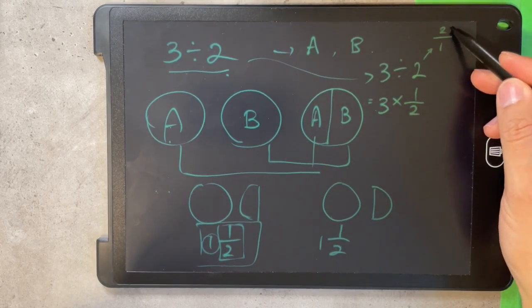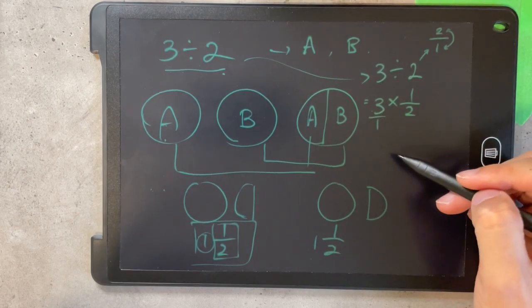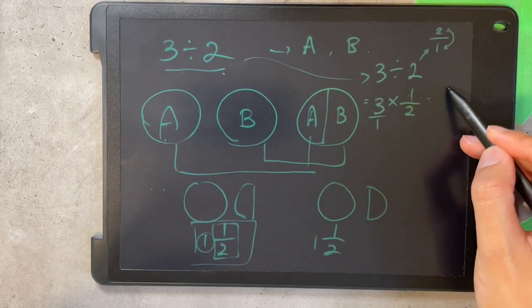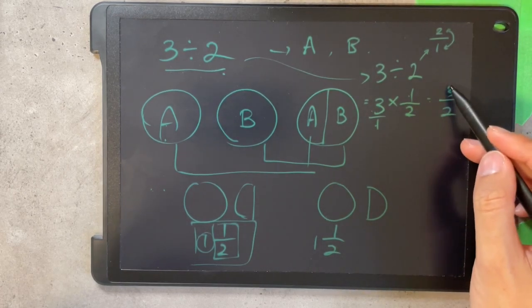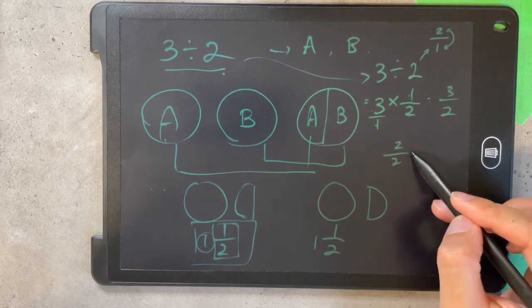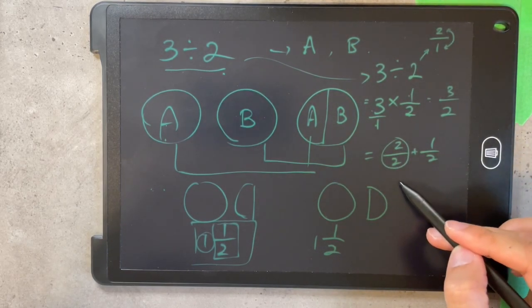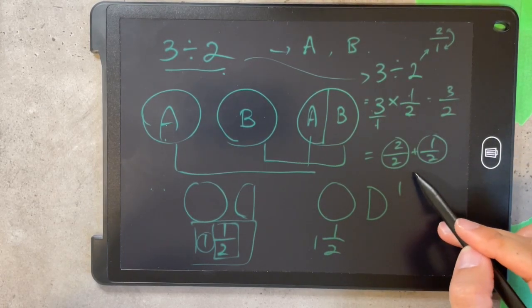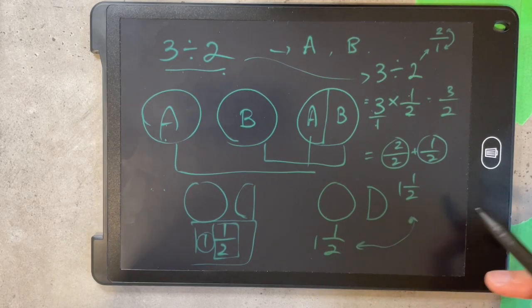So 2 over 1, you flip that, you get 1 over 2, and 3 is 3 over 1. So you have 3 times 1 is 3, 1 times 2 is 2, and then now I can write this as 2 over 2 plus 1 over 2, and that is just the 1 whole, and that will be the other half. So I can write them next to each other, and that will be the same answer.